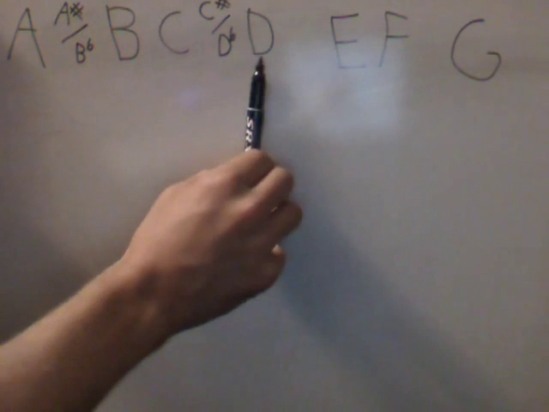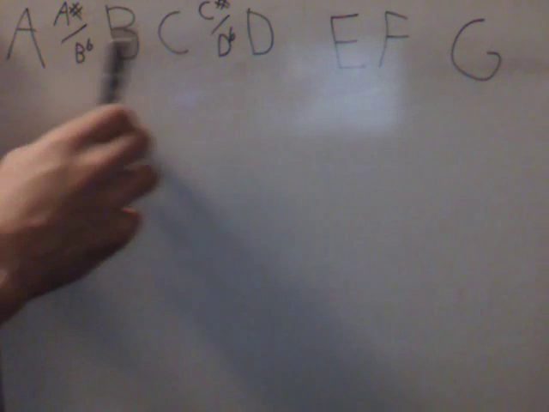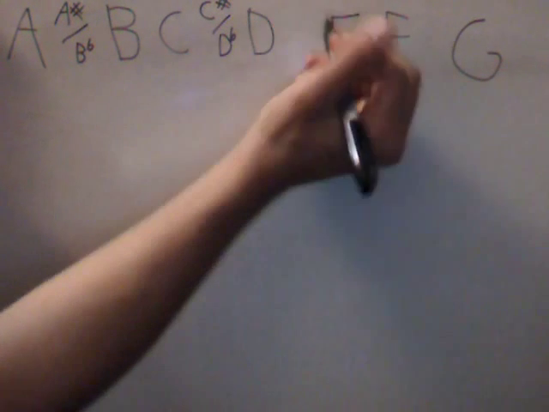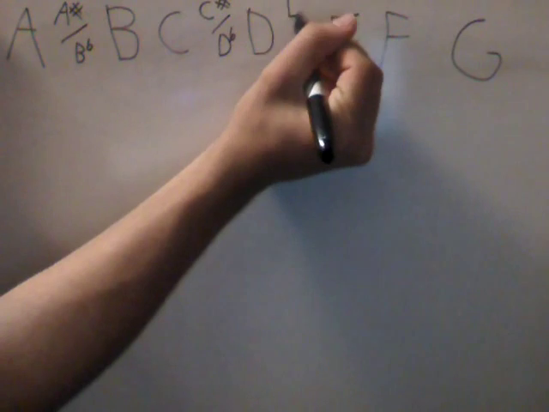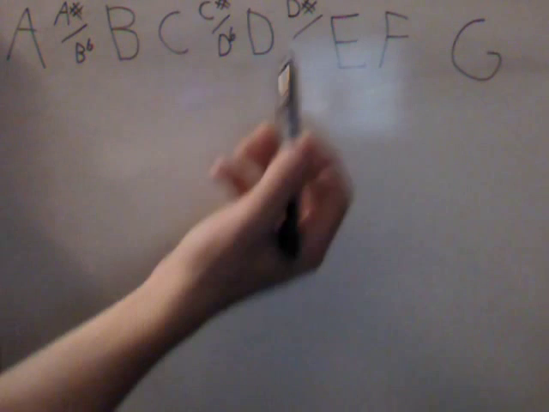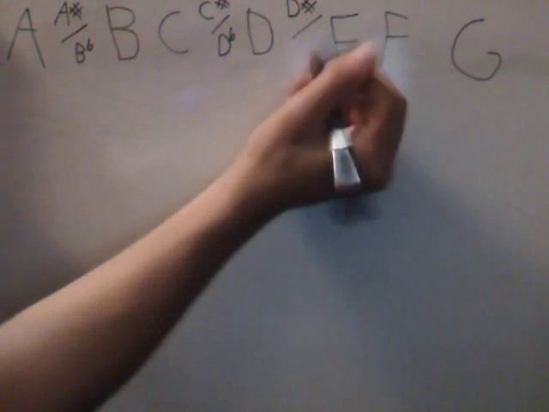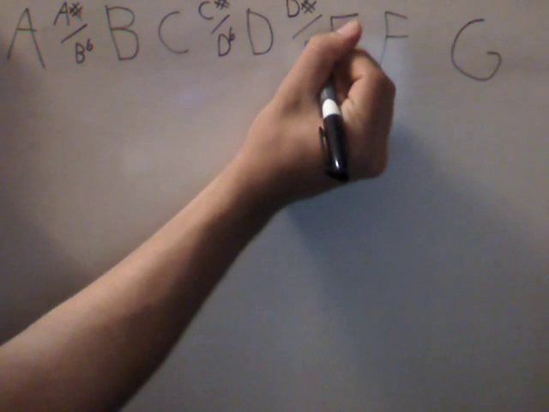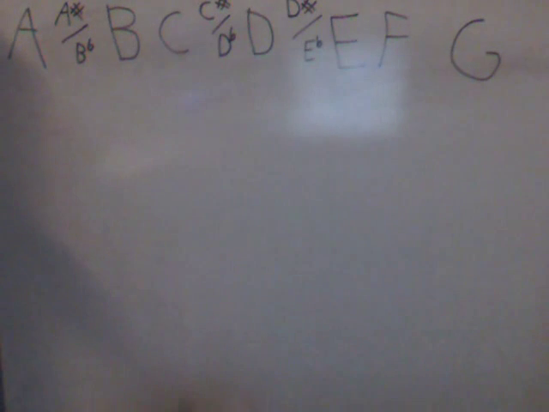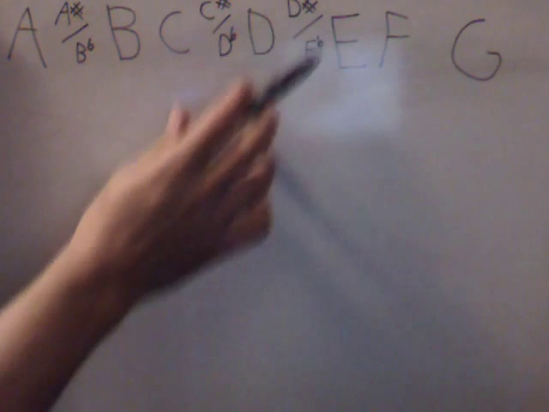This is the sixth note. The seventh note over here, 1, 2, 3, 4, 5, 6, 7, can either be called what? Same thing, a D sharp, or an E flat.